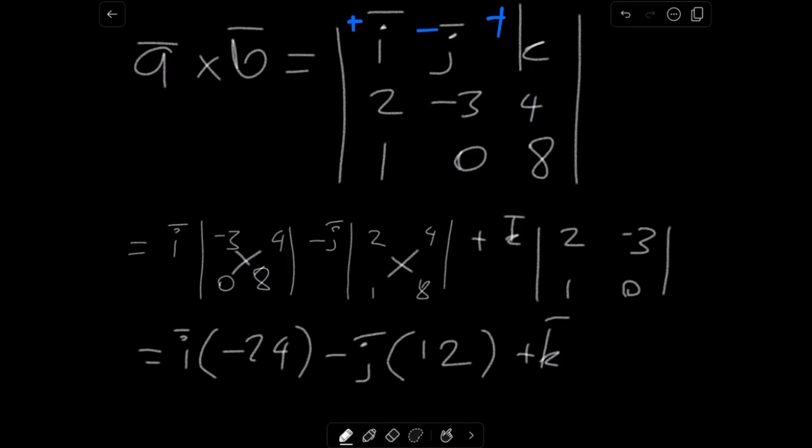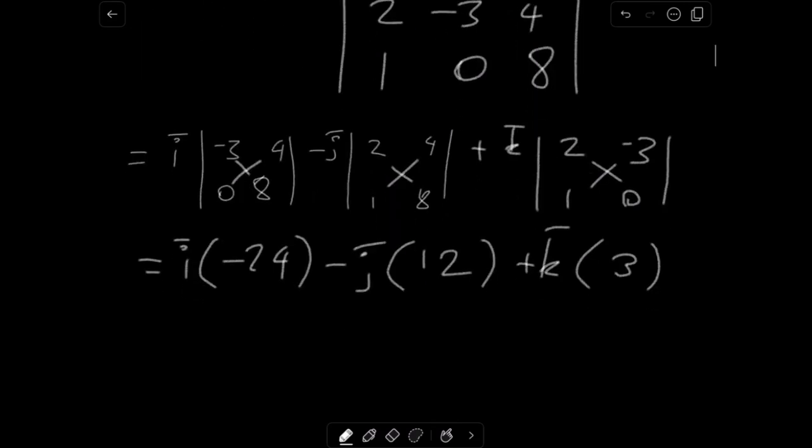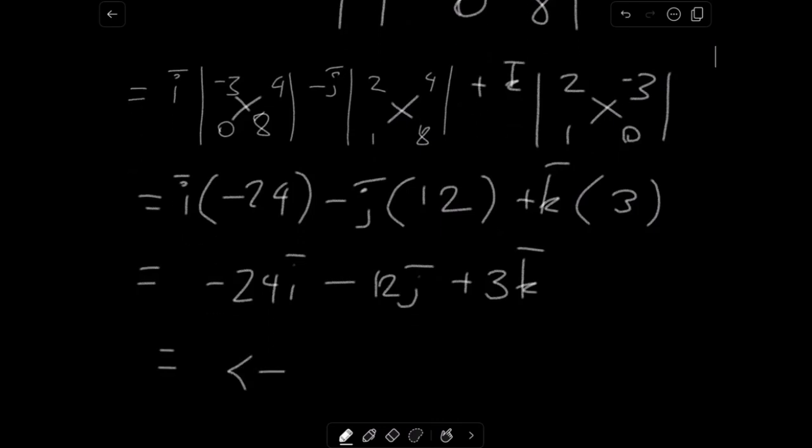Then we have plus k into 2 times 0 is 0, then it's going to be 1 times minus 3, which is minus 3. But it's 0 minus minus 3, so double negative, it's going to be plus 3. So it's going to be minus 24i minus 12j plus 3 times the vector k. So it's going to be minus 24.